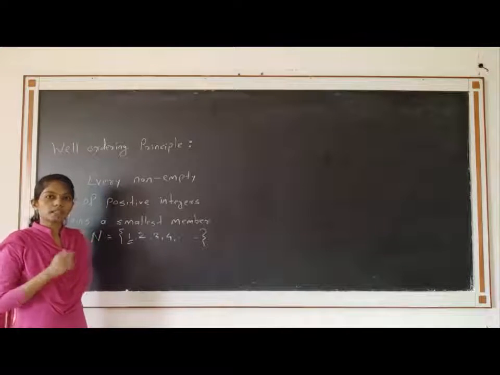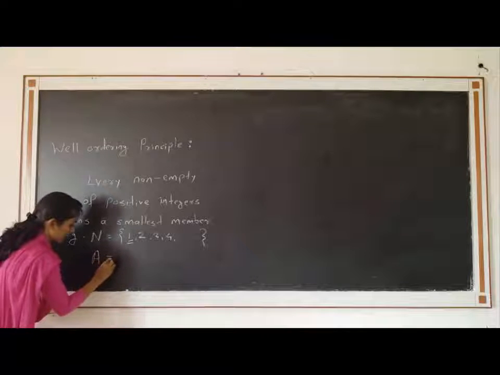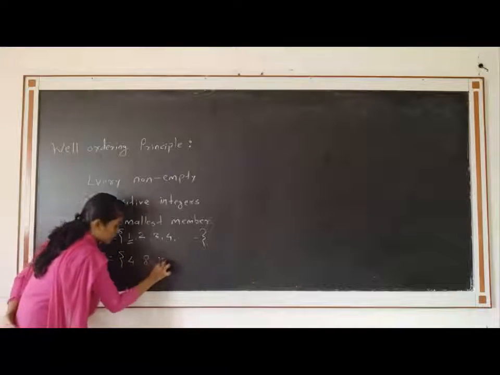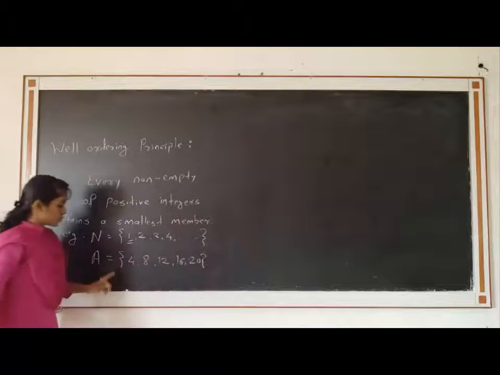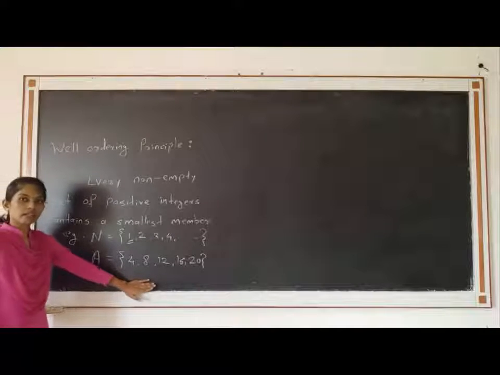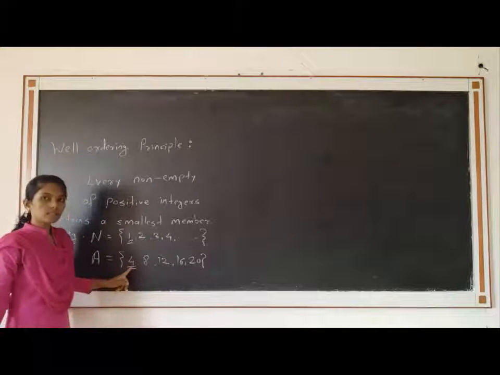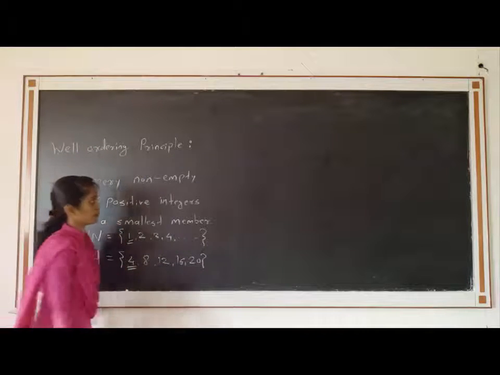Now here next example, we consider the finite set. Suppose A is 4, 8, 12, 16 and 20. So set A is finite. So here smallest member is 4. So this is again the example of well ordering principle.